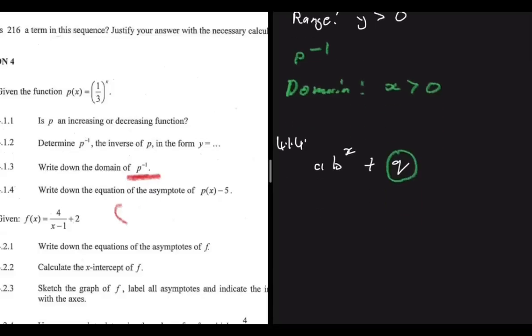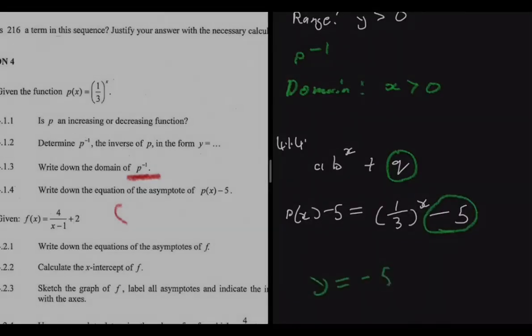So let's go ahead and see what we're going to have for p of x minus 5. This will be equal to 1 divided by 3 to the power x, minus 5. It's easy to see that in this function, our q is actually minus 5. So our asymptote is y is equal to minus 5.